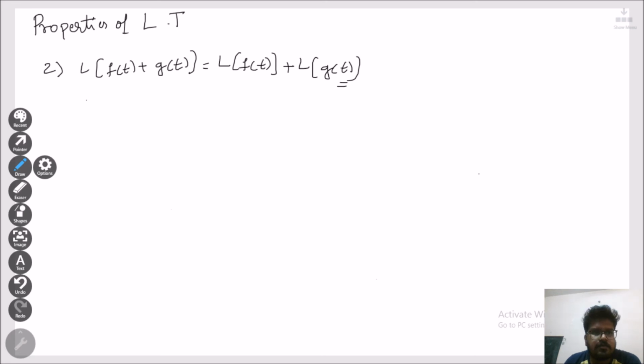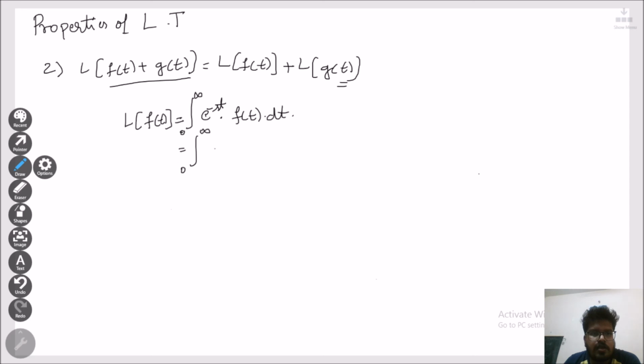Now just take the whole term as one function just for consideration. So according to the definition of Laplace, Laplace transformation of f of t is equal to integration from 0 to infinity e to the power of minus st into f of t dt.